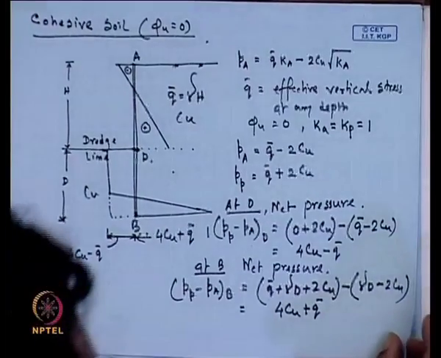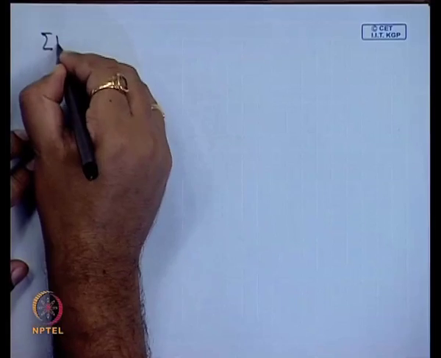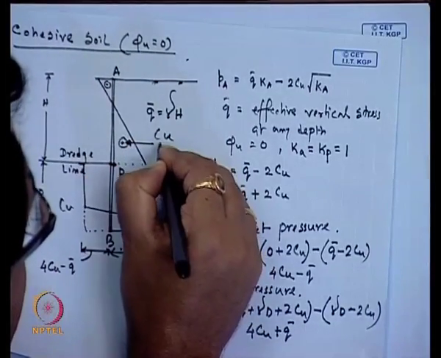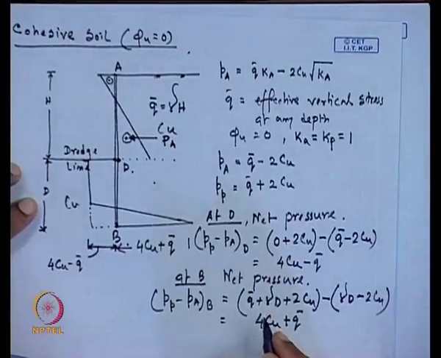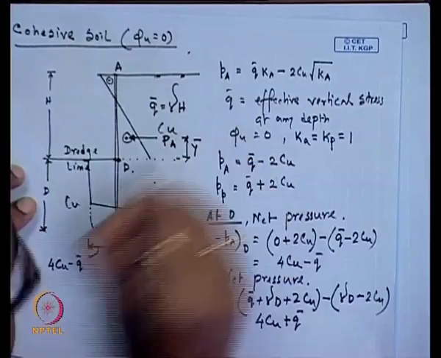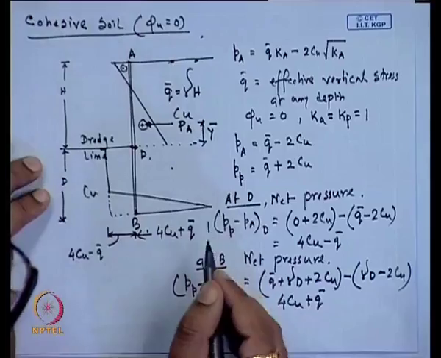So, again we have to take the forces. If I take the summation of the horizontal force, this force is P_A, the total active force, which is acting at a distance y bar from the D point.